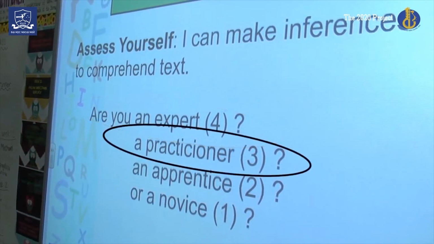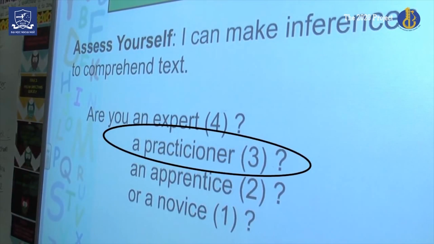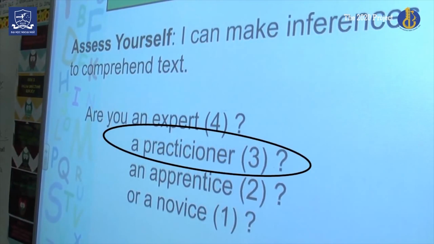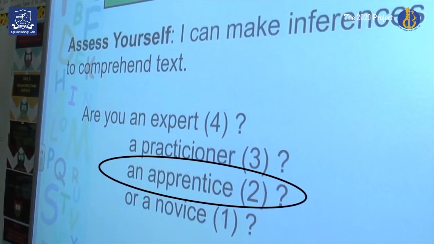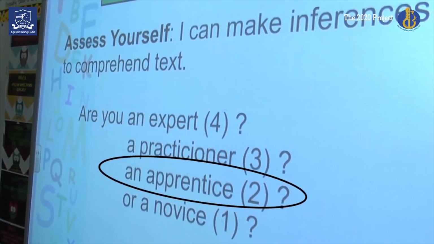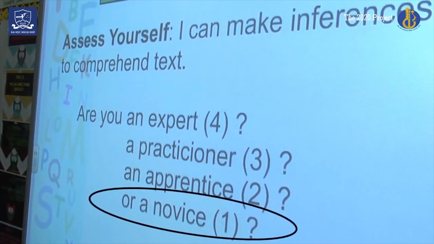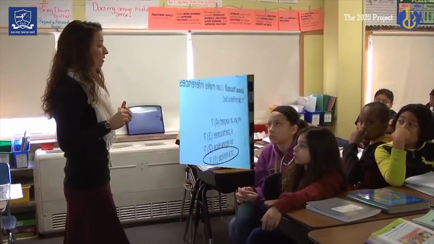A 3 would be a practitioner, they're practicing it, they might be able to meet the objective, but maybe would get stuck a little bit. A 2 is an apprentice. They're still learning. They maybe would want to do some more practice with a group. And a 1 is a novice. They still need some one-on-one help from the teacher.